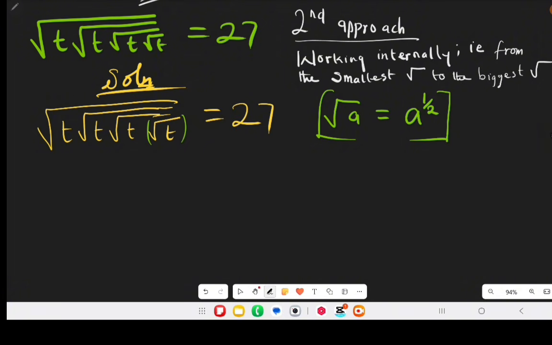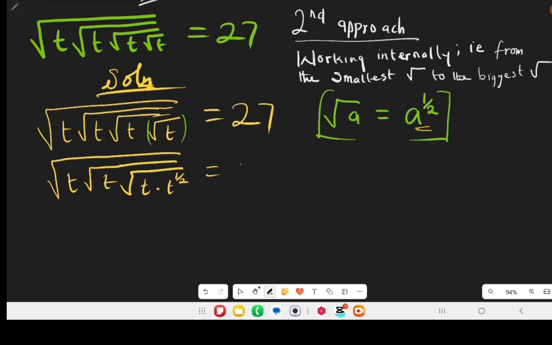And when we do that, we are going to have root of t, root of t, root of t times t raised to the power of 1 over 2. That is this, equal to 27. Then if we move further, on the left hand side, at this point, we have the product rule of indices, or multiplication rule of indices.